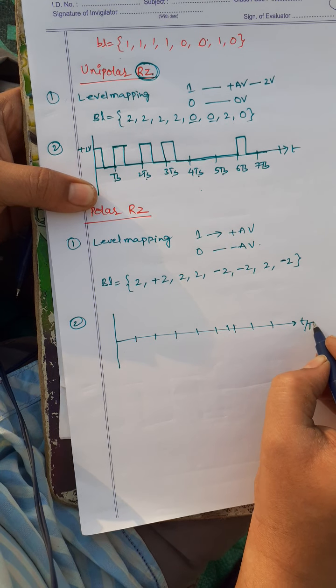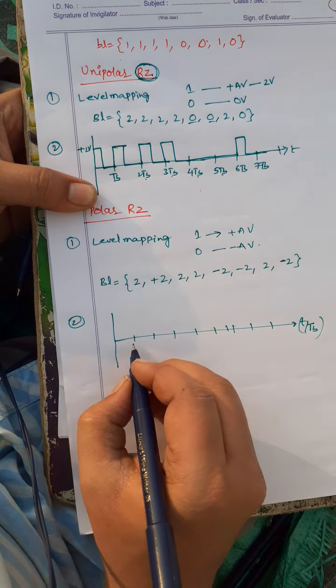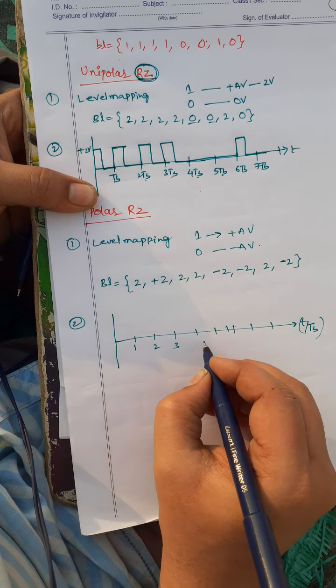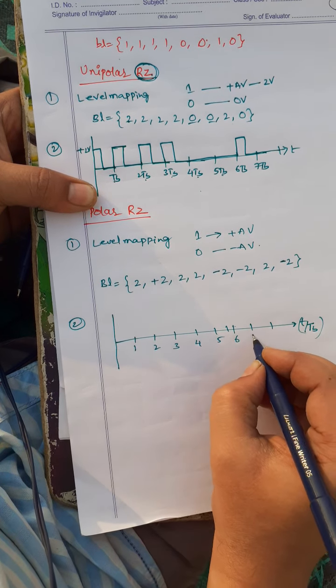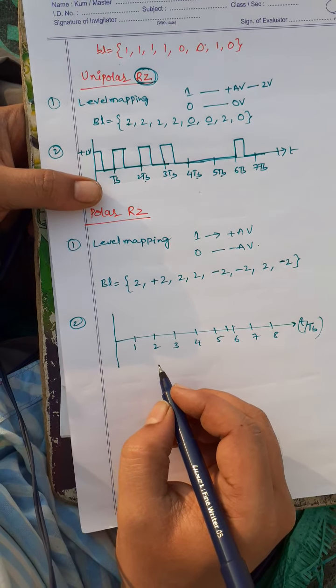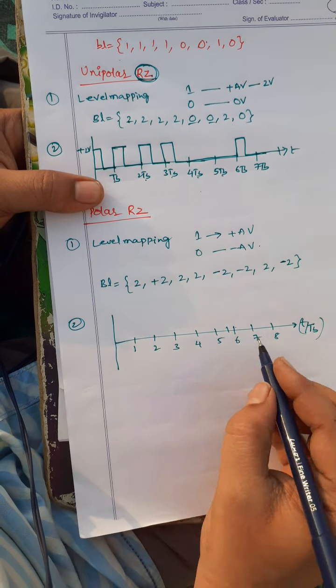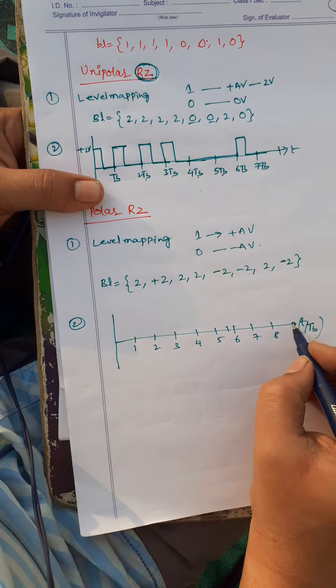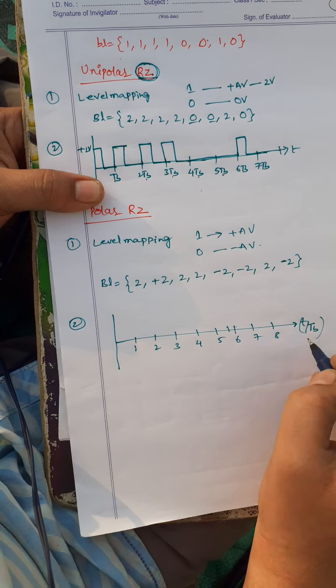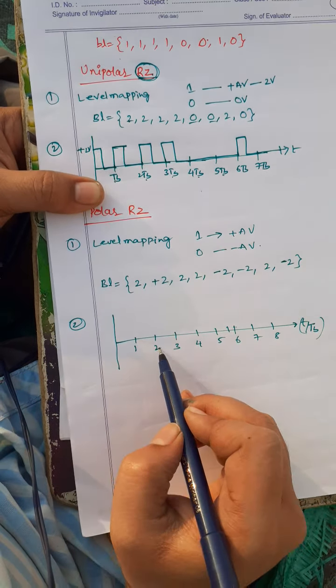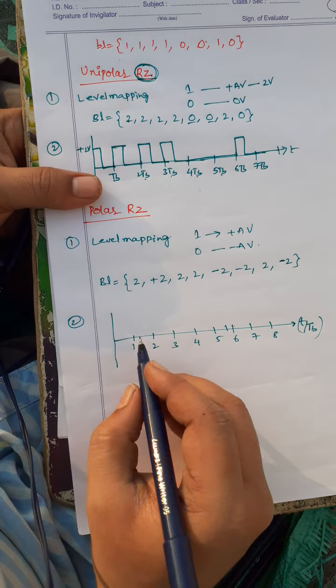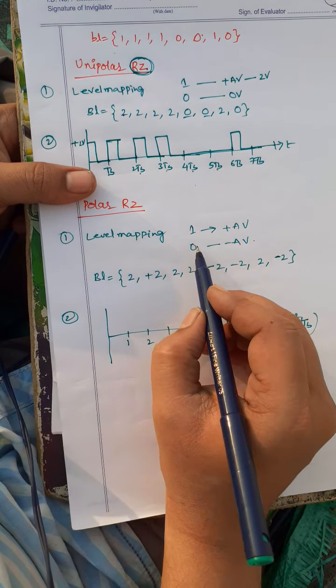By writing T by TB we can give here 1 2 3 4 5 6 7 8. Okay, this is also possible to represent this waveform. By writing the normalized time axis, that is t by tb, or by representing tb 2tb 3tb, both are the same. Okay, now here what are the voltage levels?